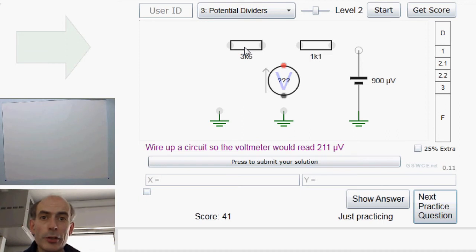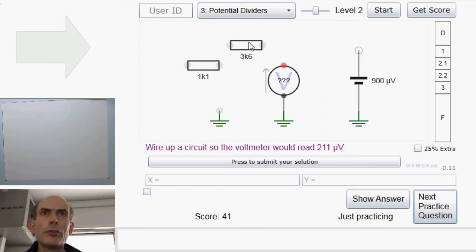Well, the bigger the resistor, the bigger the voltage drop across it. If we want this voltmeter to read 211 microvolts, then we'll need quite a big voltage drop to get from 900 down to 211, but a much smaller voltage drop to get from 211 down to ground.